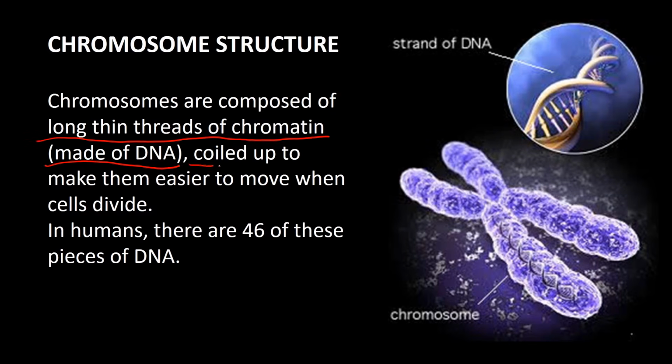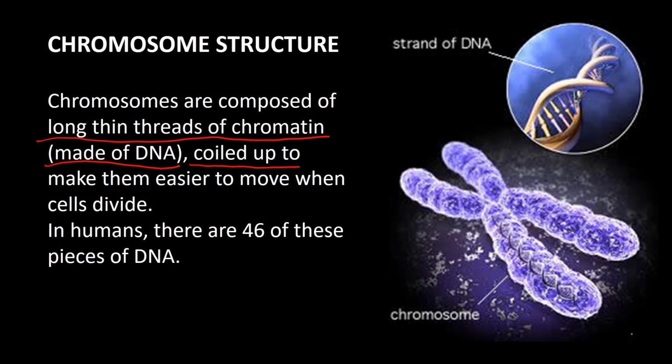So that's quite a lot of very, very thin threads, which is fine when your cell is functioning normally because it's got to read the instructions on those threads. But when your cell divides, things can get a little bit tangled. And that's when chromosomes form.